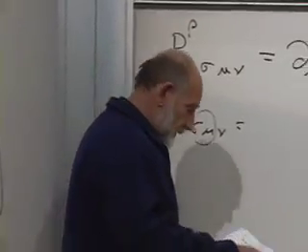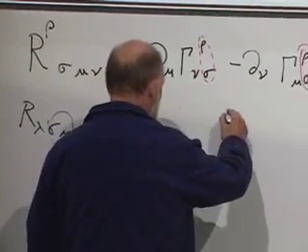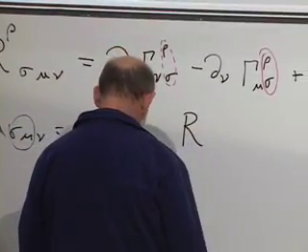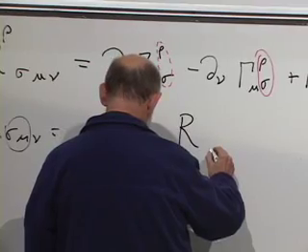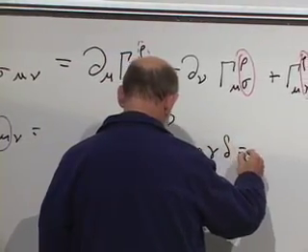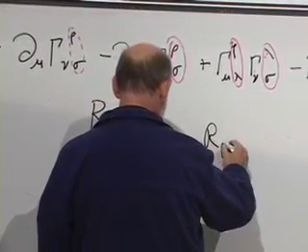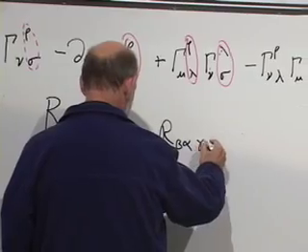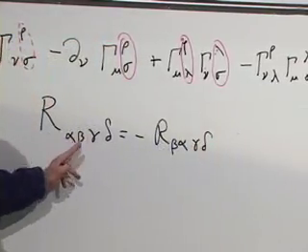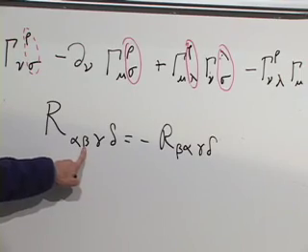All right, I'm going to write down the symmetries. I hope I have them right. First of all, it's antisymmetric with respect to interchange of alpha and beta.